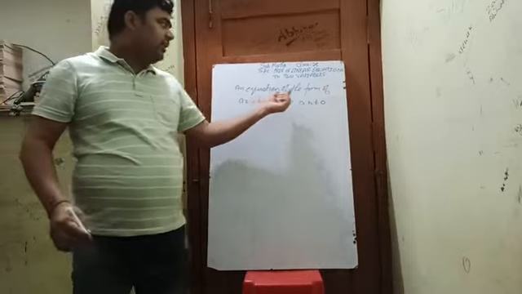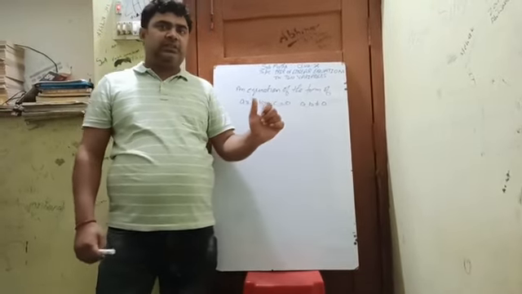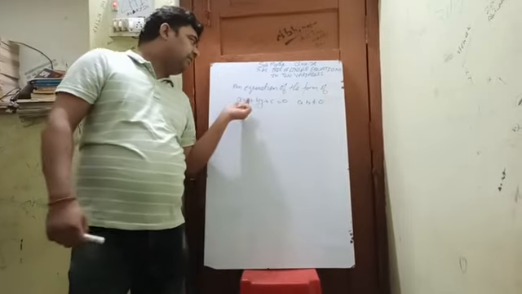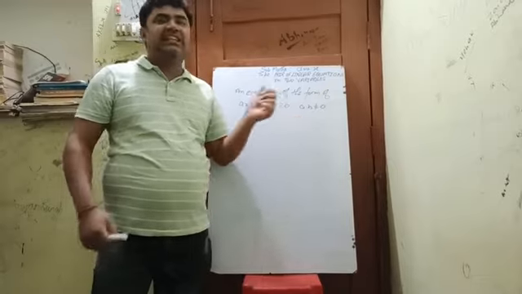An equation of the form ax plus by plus c is equal to 0. If we are getting an equation in the form of ax plus by plus c is equal to 0, then it is said to be a linear equation.